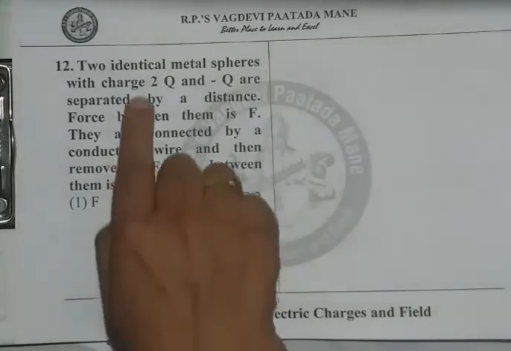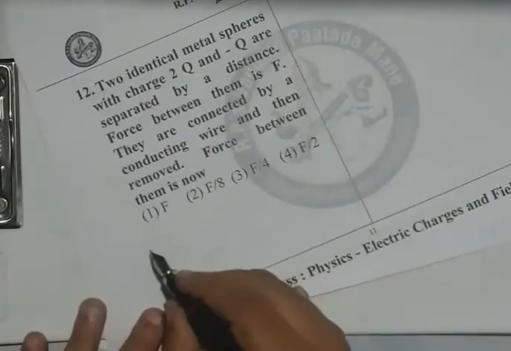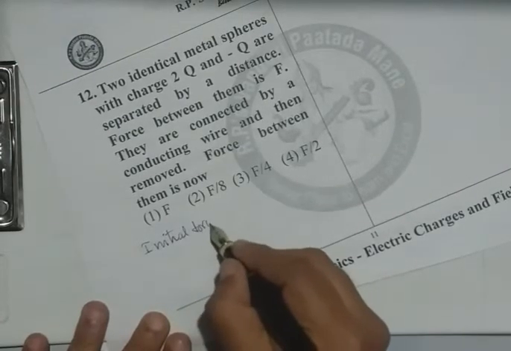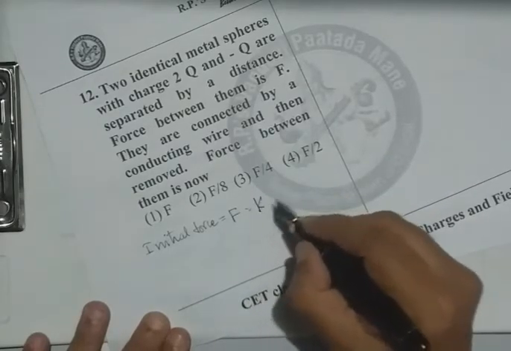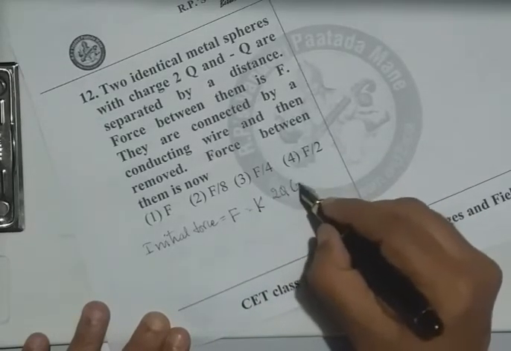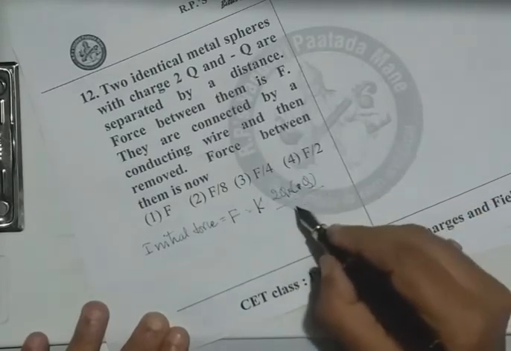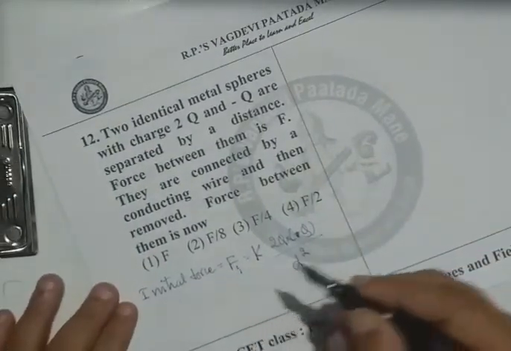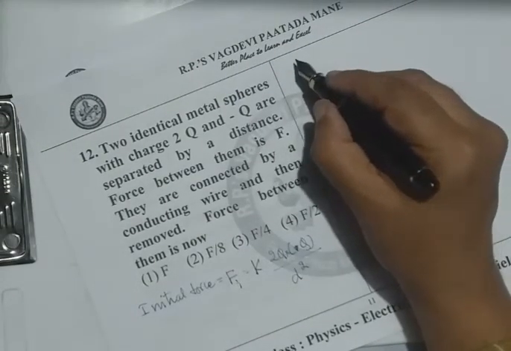And also it is given two identical spheres. That means their radii are the same. Now let me write the initial force before connecting. The initial force before connecting them is F. What I can write as K constant, 2q times q, divided by distance, I take d square, but I call it Fi. Now after connecting them together, they acquire the same potential.